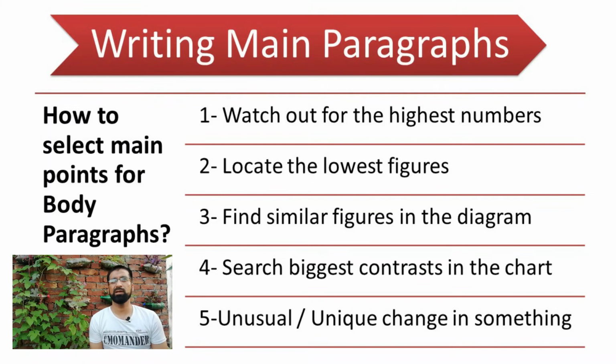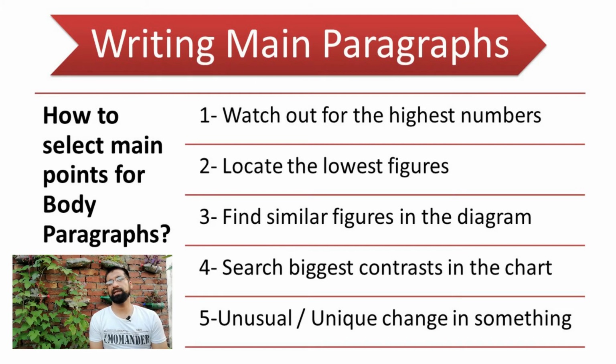For this purpose, you should select only that information which is most important. Usually, most important information consists of highest numbers, lowest numbers, anything that you find unusual in the diagram or something that is totally different from the rest of the entities, any big comparisons or contrasts.